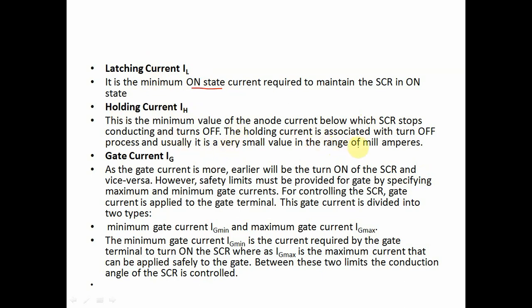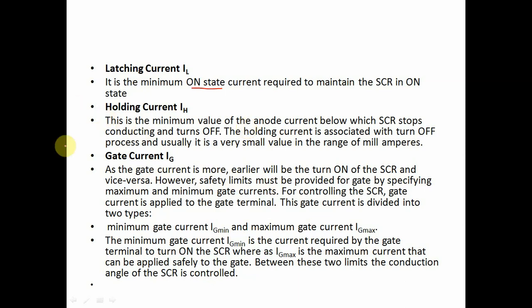The holding current is associated with the turn off process, and it is a very small value, in the range of milliamperes. Basically, latching current is the minimum current required to turn on SCR, and holding current is also a minimum current, required to keep the SCR on.